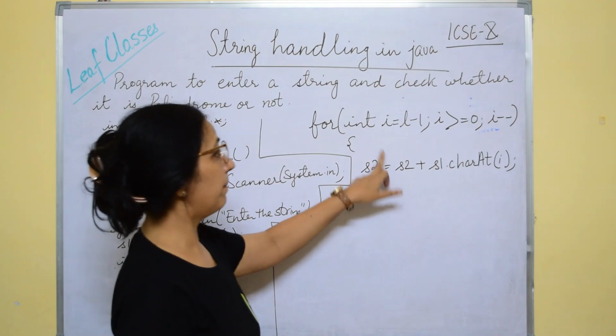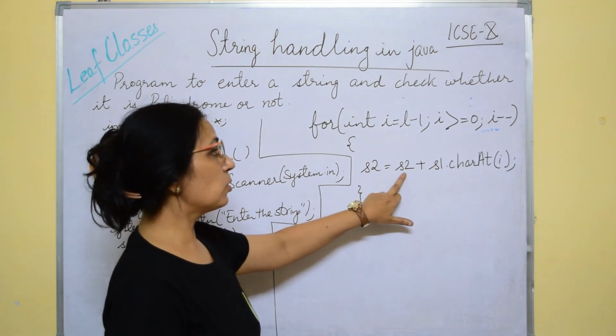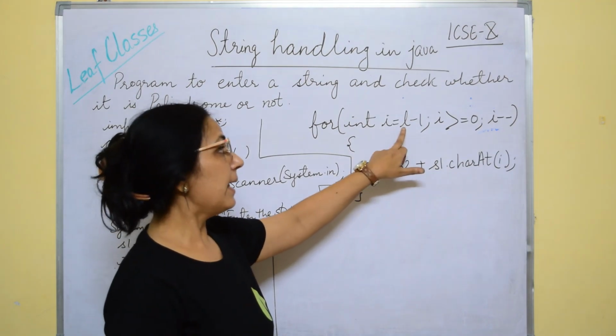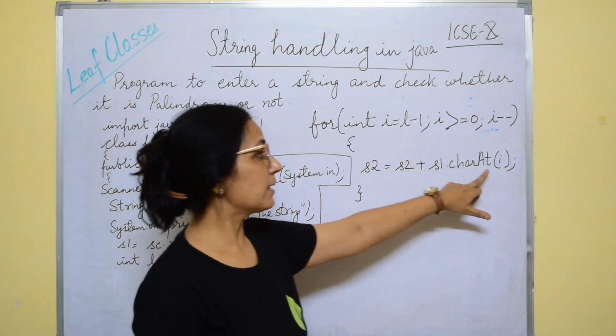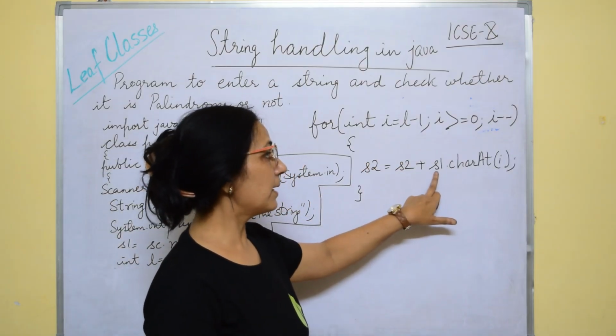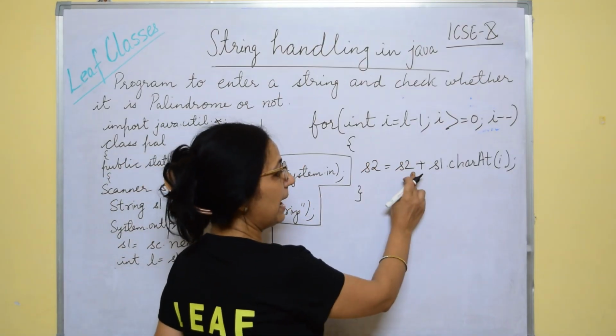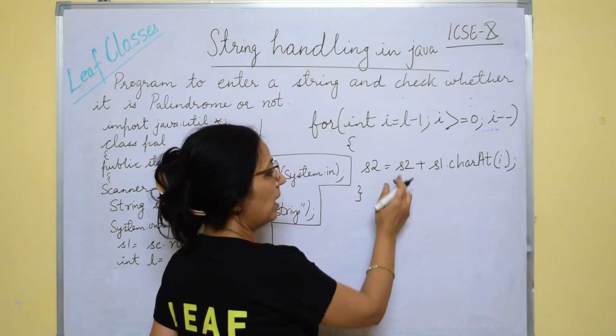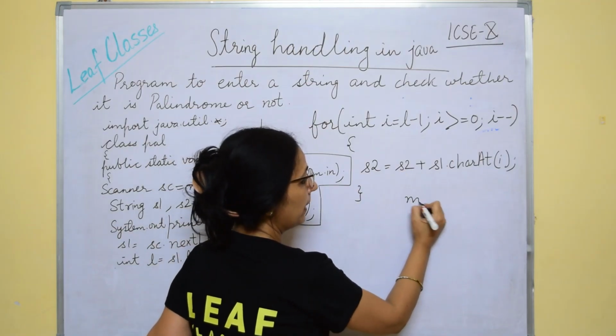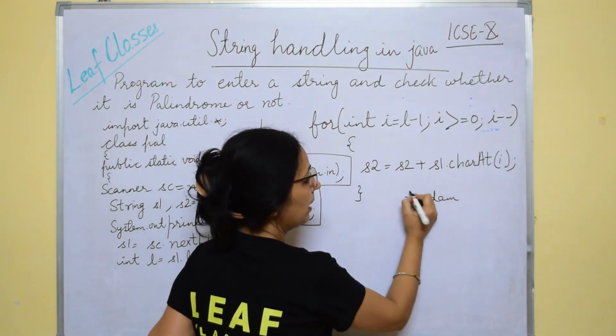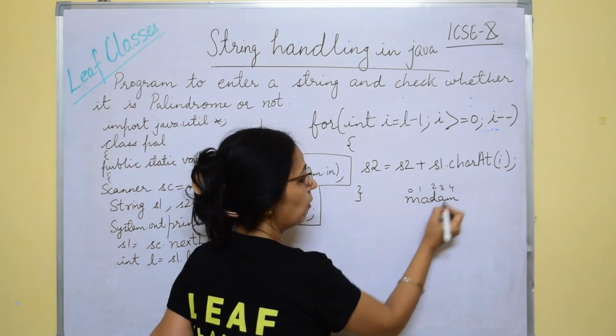Let's take an example. The first S2 is nothing. Then L minus 1, the last character, will be extracted and added to S2. Say if you take MADAM, indexes 0, 1, 2, 3, 4.